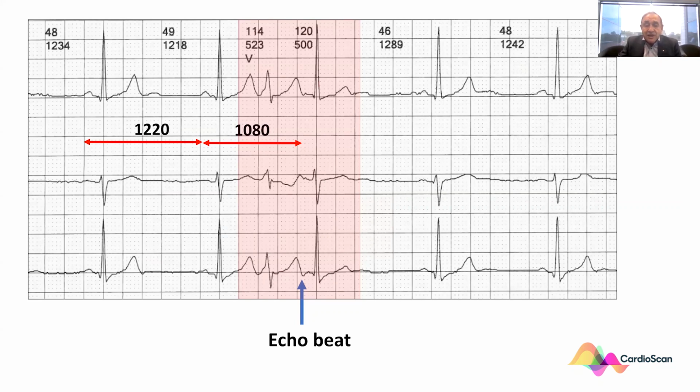And if you look carefully, you can see an echo beat, and that echo beat means that the atrial ectopic has conducted to the ventricle, then by retrograde conduction goes back to the atrium, and this then passes anterograde again and depolarizes the ventricle through the conducting system. These are called echo beats.